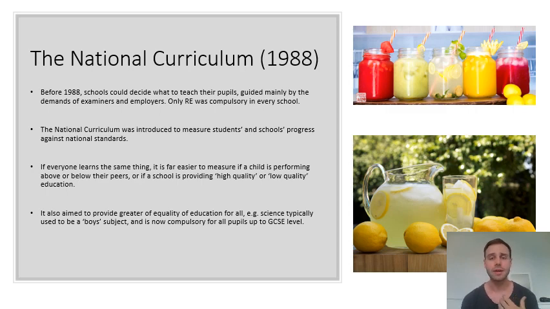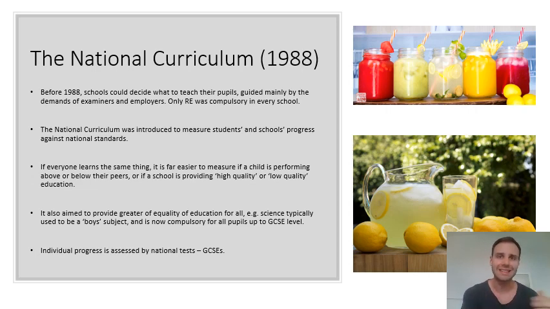And so therefore, if everyone is learning the same, it's a lot easier to measure a child against their peers and to measure if the school is high or low quality. The national curriculum, that was the first aim, was to get this standardized measure in place.